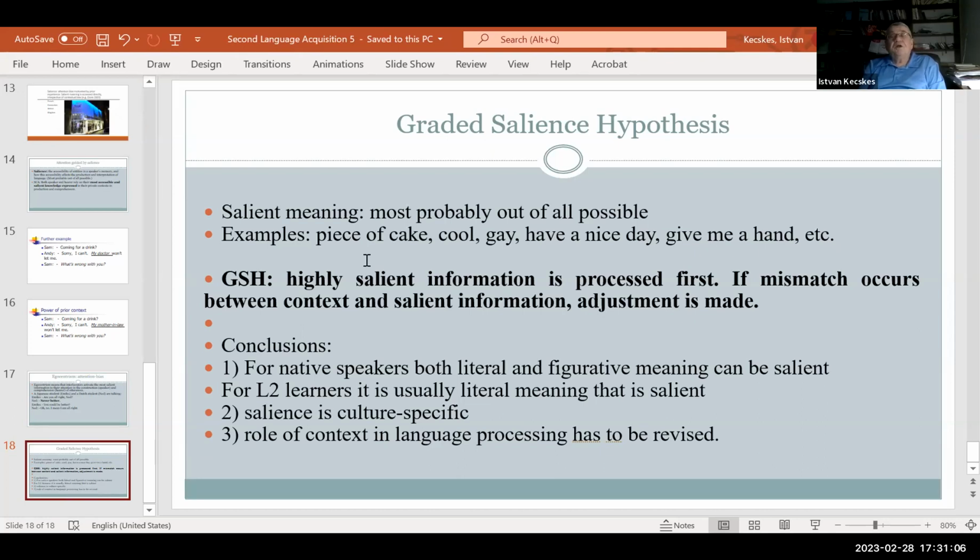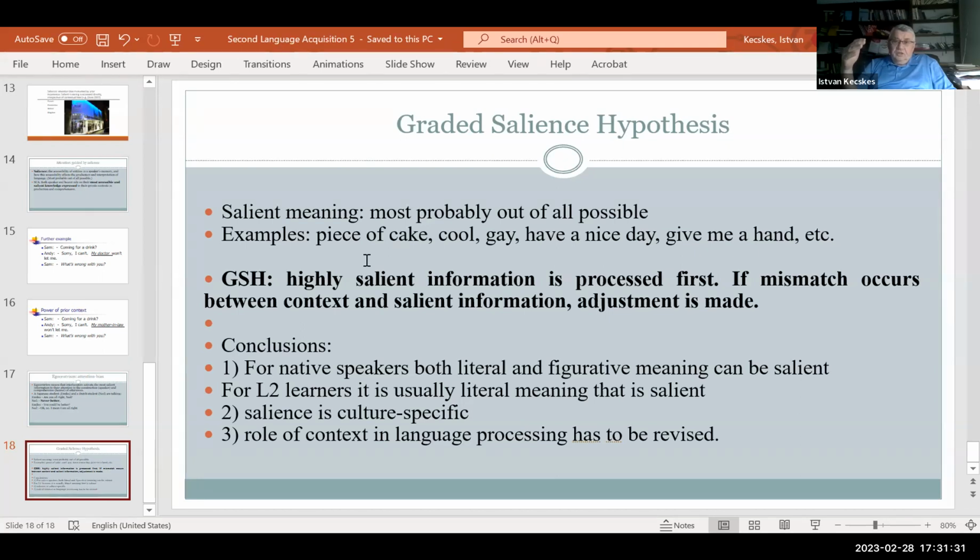But the important thing that we should understand here, and what is important for us as people who are interested in second language acquisition, is that context cannot help.